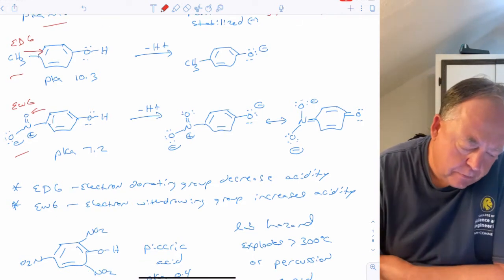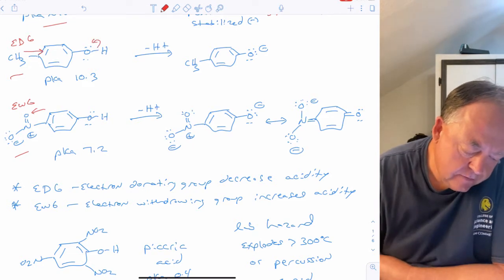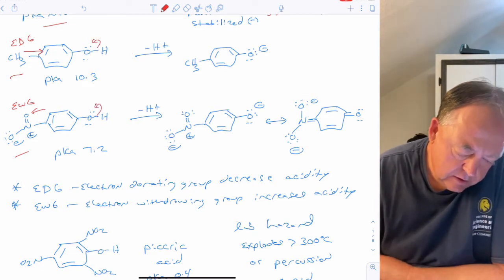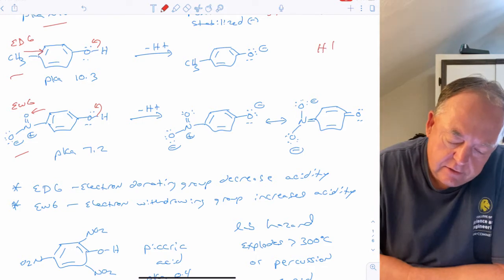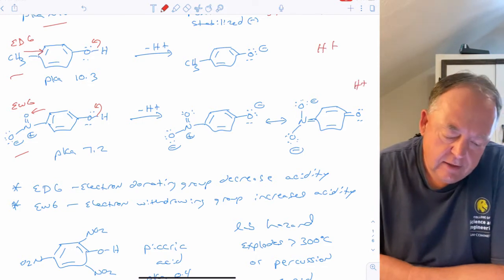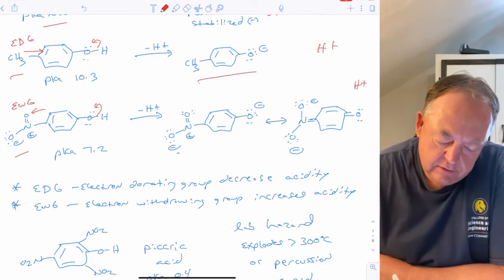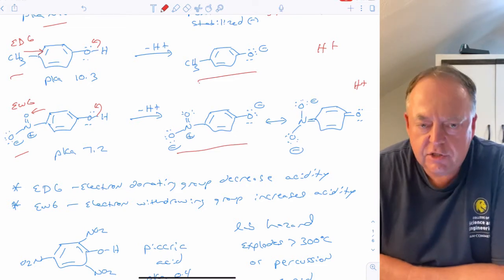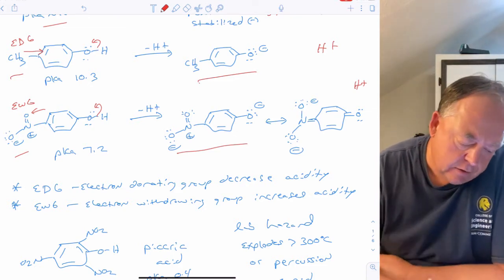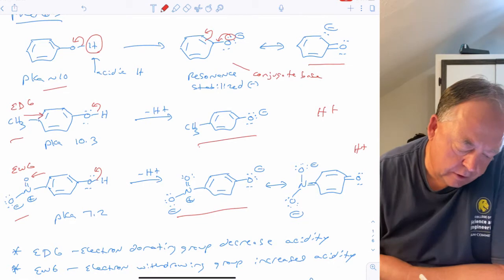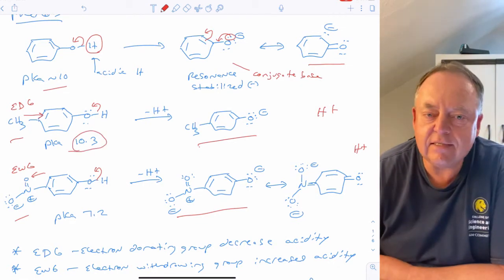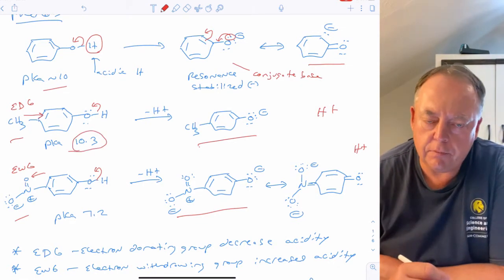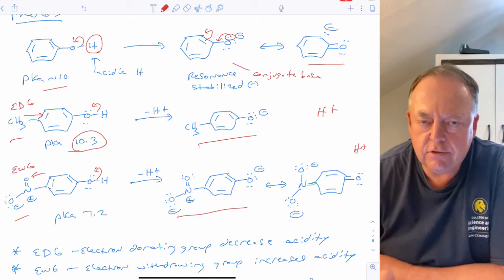So if we take the proton off of the phenol, so we lose an H+, and then look at the conjugate base. If you notice here, for the CH3 on the ring, the pKa is higher, so it's less acidic. If it's got an electron donating group on the phenol, it's going to decrease its acidity. Why?